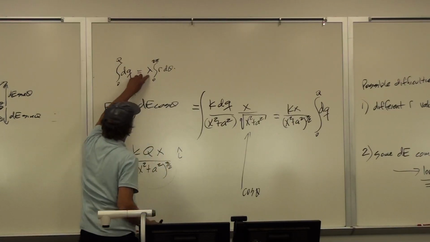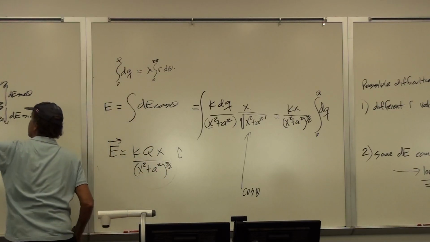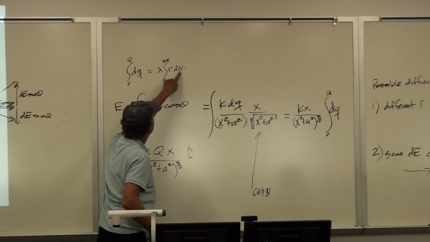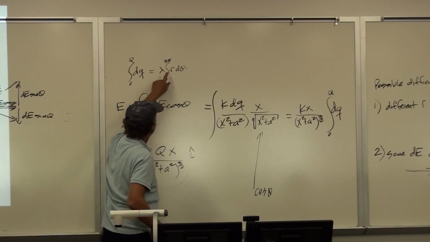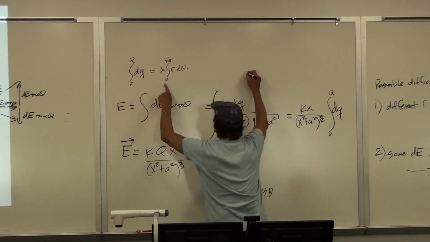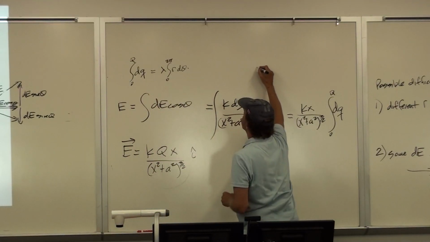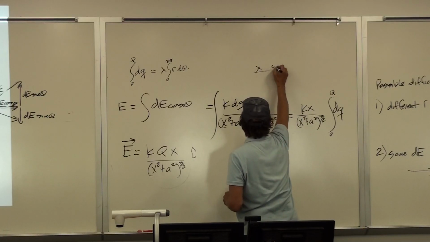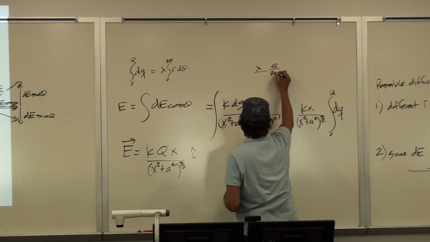This would be a charge per unit length around this thing times the little bit of arc length distance. And so that would give you lambda times 2 pi r, but lambda is equal to q over the length 2 pi r.